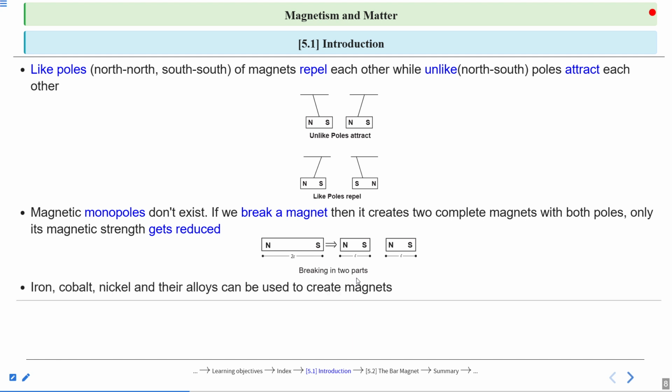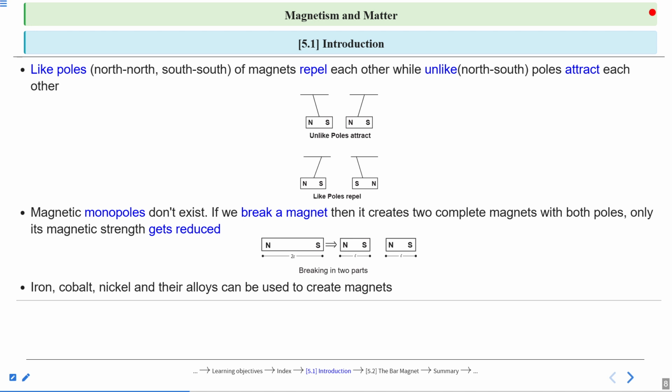Now, iron, cobalt, nickel and their alloys can be used to create magnets. Especially these three metals and their alloys can be used to create permanent magnets. A bar magnet is a permanent magnet. So what types of magnets are there?